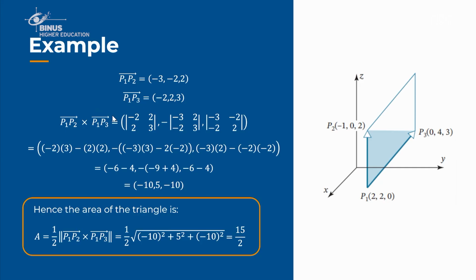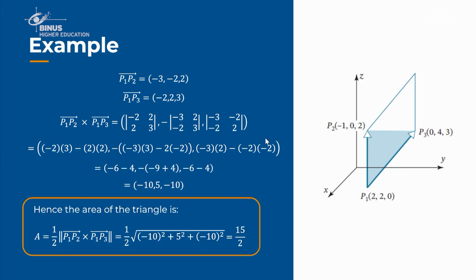For the first matrix, the determinant is -2 times 3 minus 2 times 2. For the second matrix, we have -3 times 3 minus 2 times -2. And for the last matrix, we have -3 times 2 minus -2 times -2.